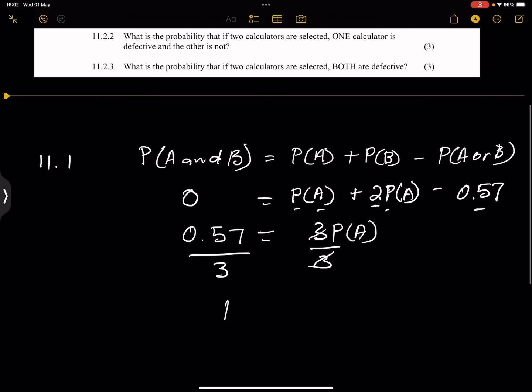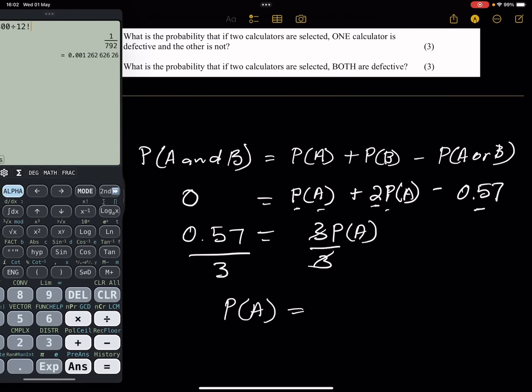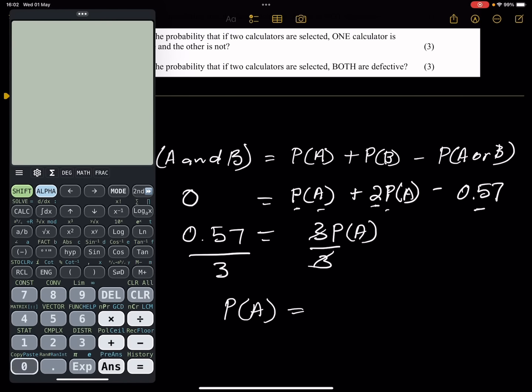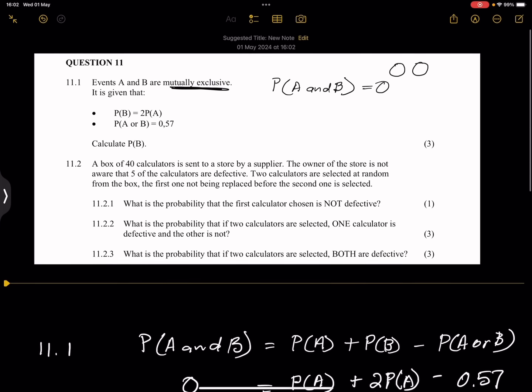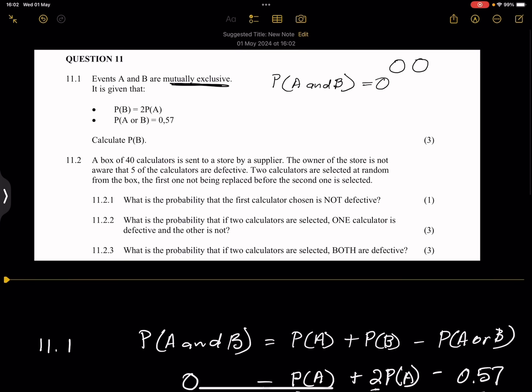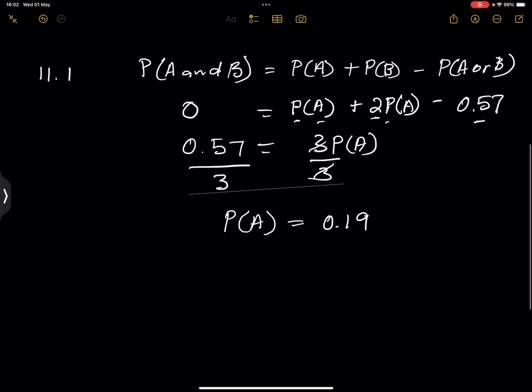And I find that the probability of A will be equal to 0.57 divided by 3. That gives me 0.19. But remember what they said about the probability of B: probability of B is 2 times probability of A. So probability of B would be 2 times probability of A, which is 0.19.